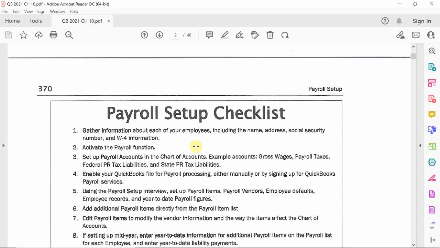So if you require that they are a U.S. citizen, they need to show proof of a birth certificate or a social security card, or some kind of documentation that proves that they are a U.S. citizen. If not, and you accept anybody that is a non-citizen, then they have to provide you with a work social security number.